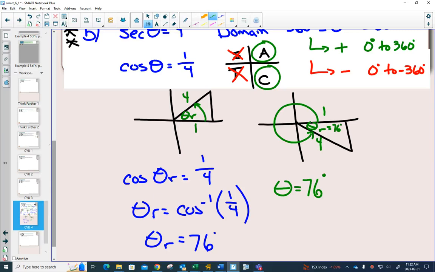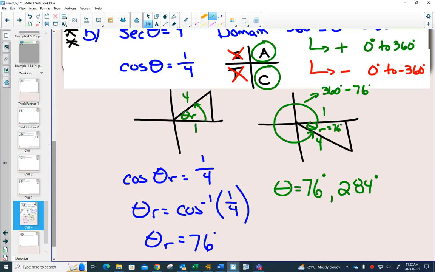That would have gone 76 too far, so I can figure this angle out by taking 360 degrees and subtracting 76 degrees. What does that leave me with? 284 degrees. And that's figured out the positive angles from 0 to 360.